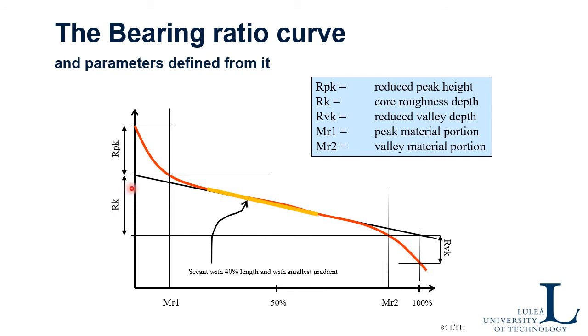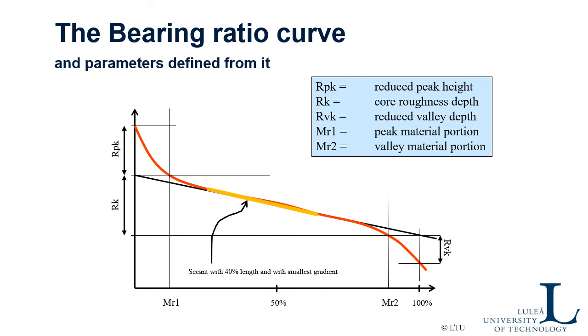For example, you have the core roughness depth, which is the height of this line from 0% to 100%. You have the RPK, which is the peak height. It tells you how high the peaks are from the mean line, from the core roughness. And the same goes for the RVK, which tells you how deep the valleys are. Both these parameters are useful from a tribological point of view.